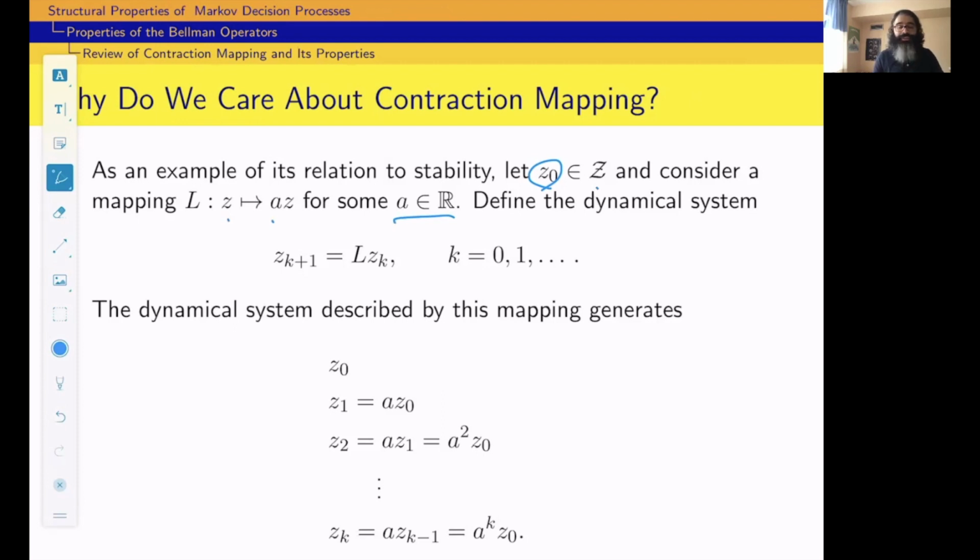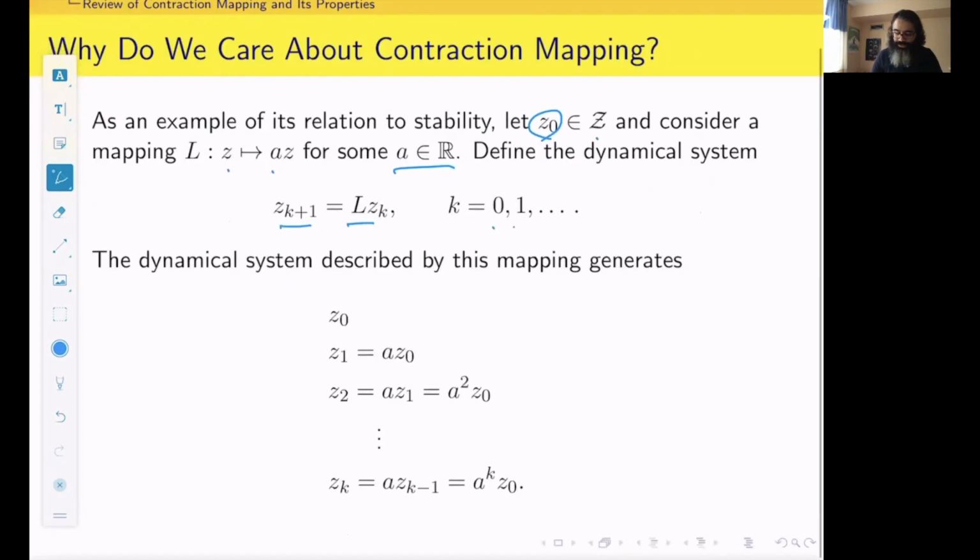Now I define the dynamical system this way: Z of K plus 1 is equal to L applied to Z of K, for all K equal to 0, 1 to infinity. It's a recursive relation and basically describes a sequence.